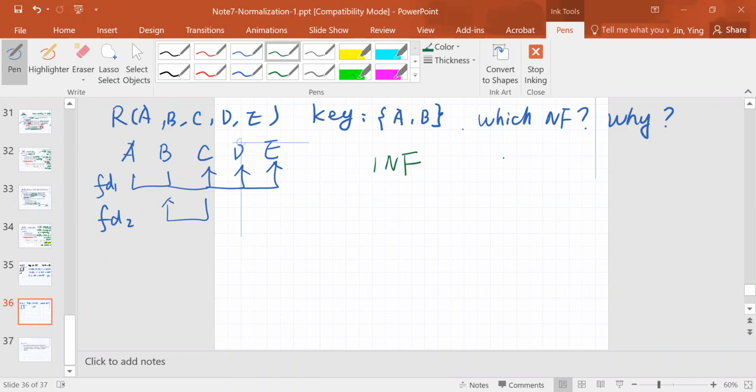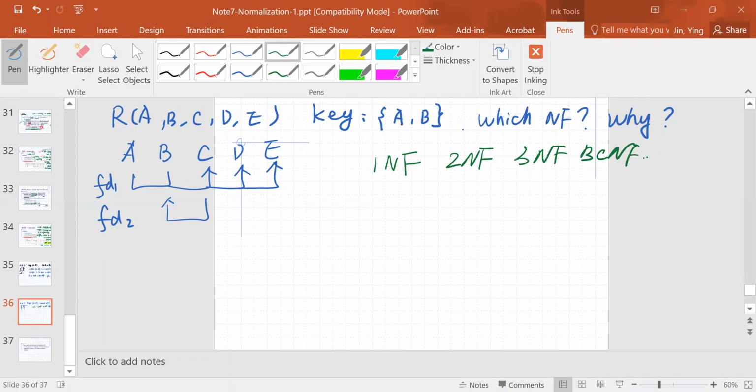If it's not in first, then definitely not in second, third, or BCNF, so you're done. But if this is in first, you have to go to second. And same thing, if it's not in second, you are done. But if it's in second, you need to check third and BCNF. So that's one way to do this.